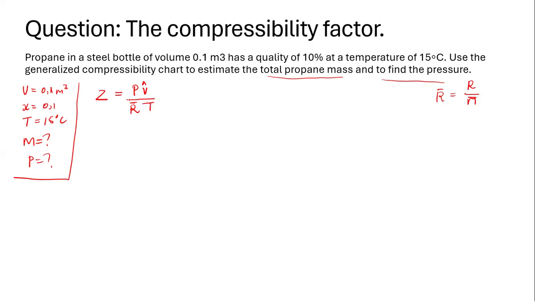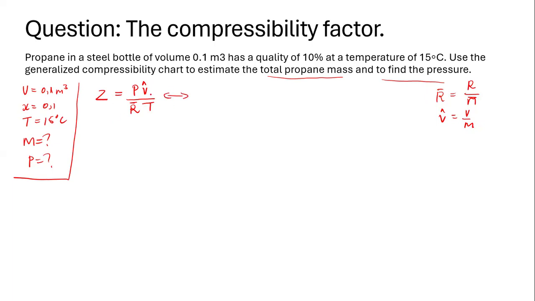So this equation doesn't have mass, which is what we are looking for, but we can manipulate this equation to have mass. Do not forget that the specific volume is actually given by volume divided by the mass. So meaning we can make the specific volume subject of the formula at this point in time.